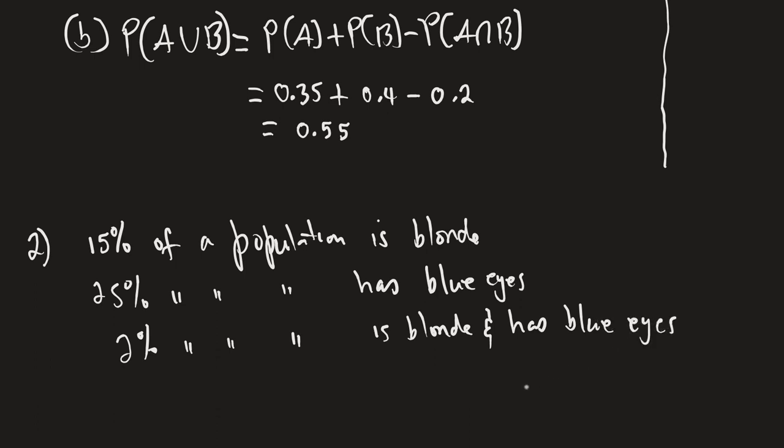And then the question is, if we randomly choose one person from this population, so here's our experiment, randomly choose one person, just one, what is the probability that you choose a person who is not blonde and does not have blue eyes?